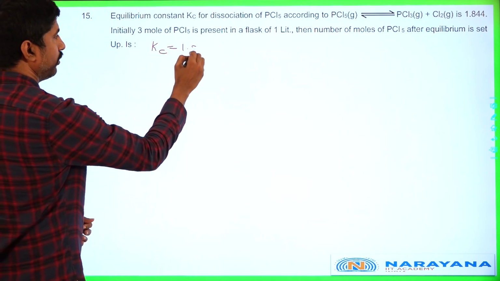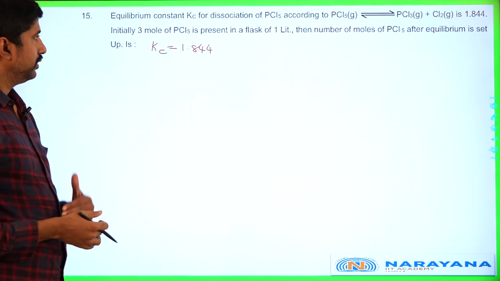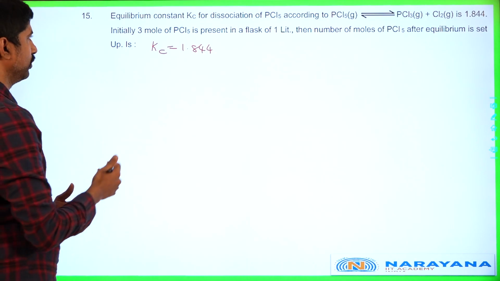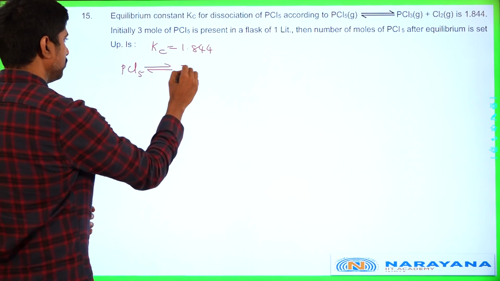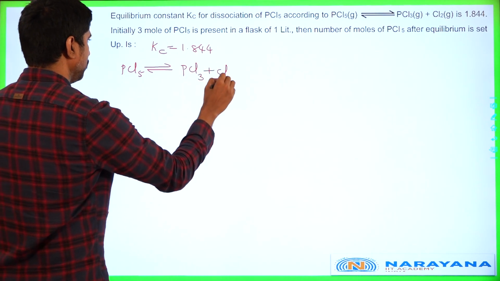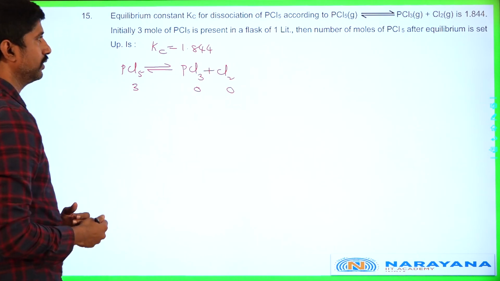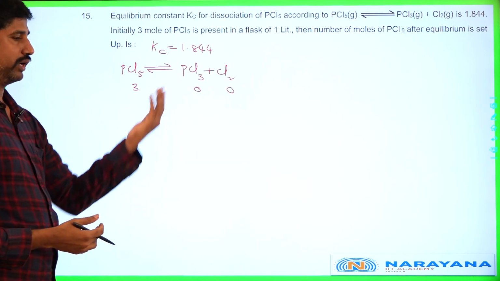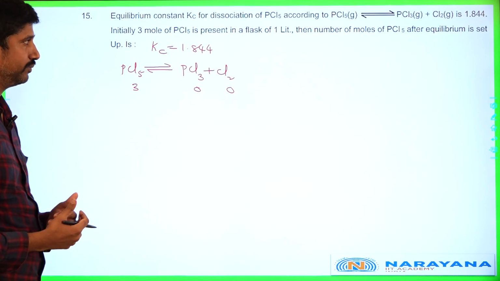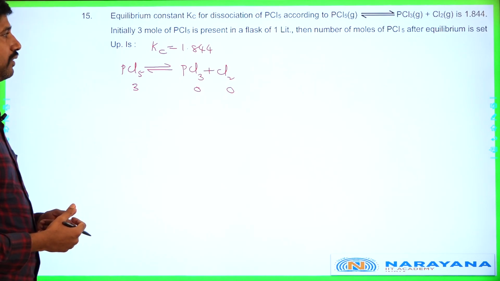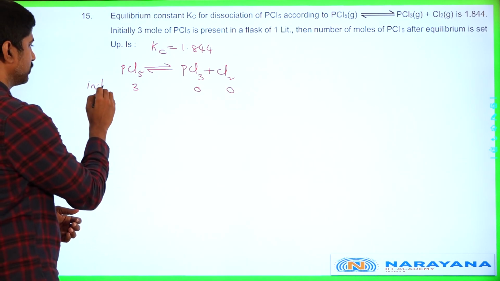Kc is 1.844. Initially we start with 3 moles of PCl5, so PCl5 gives PCl3 plus Cl2, starting with 3, 0 and 0. Volume is 1 liter, so there is no problem with volume while writing the expression for Kc. Number of moles of PCl5 after equilibrium is set up. These are the initial moles.